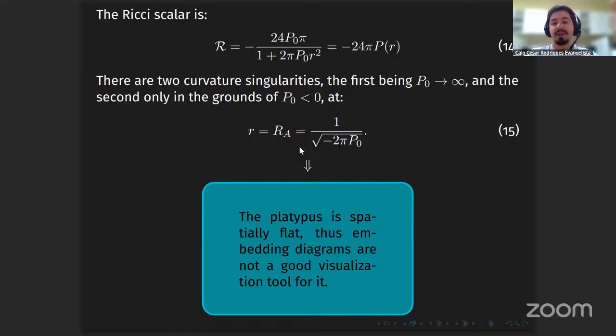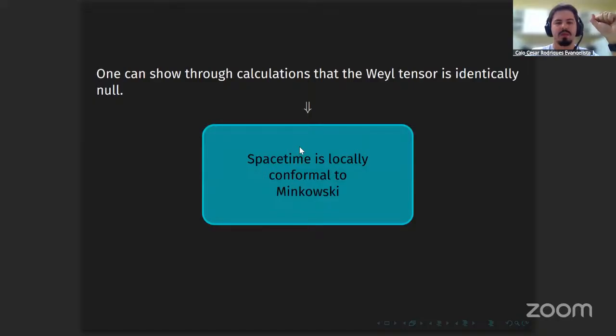And because the platypus space-time is spatially flat, embedding diagrams, which are mostly famous in scientific communication, are not a really great tool for it. But we'll talk more about it.